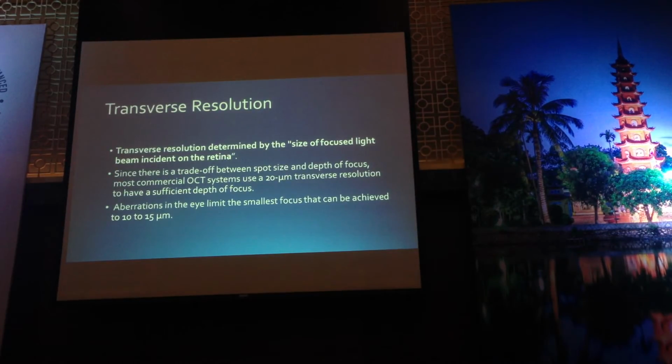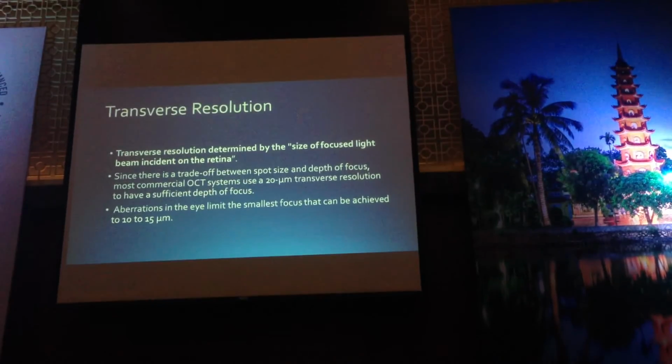The smallest focus that can be achieved in the OCT machine, due to aberration in the eye, is about 10 to 15 microns. So the transverse resolution we get from the OCT machine is 20 microns, but it doesn't affect our image interpretation or the quality of the image.